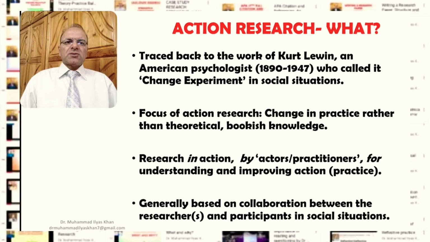So action research is also called practitioner-based research, and the aim of this particular practical type of research is understanding and improving action or practice. Generally, this kind of research is based on collaboration between researchers and participants in social situations.